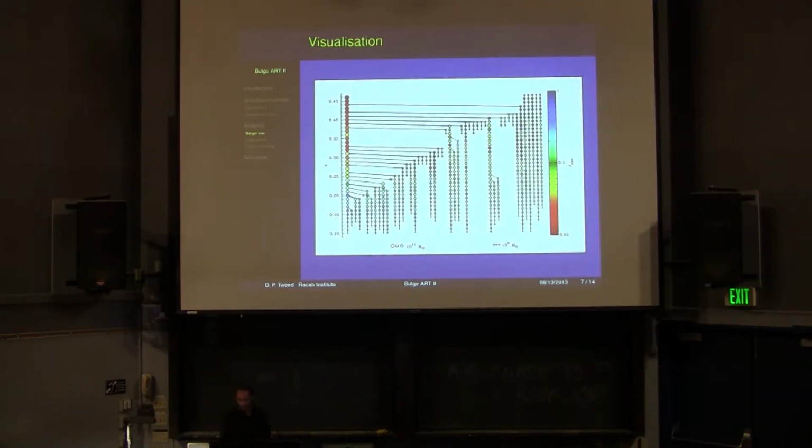So what is a merger tree? A merger tree looks like this. I'm using the De Lucia-Blaizot convention, meaning that this is the past, and this is the present. Each symbol represents a galaxy in the case of a circle, or a clump when I use a square, and the color is just an indication of specific star formation rate.